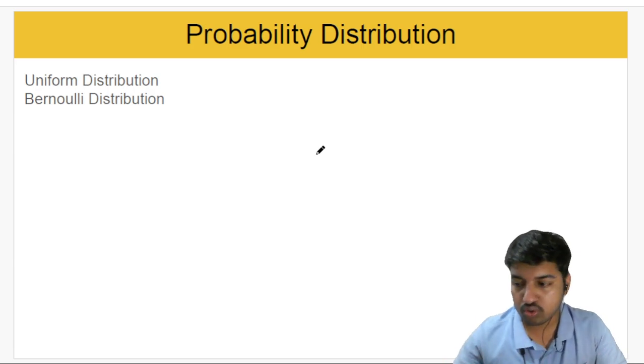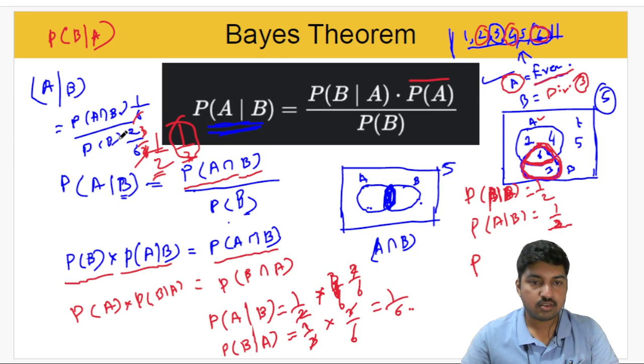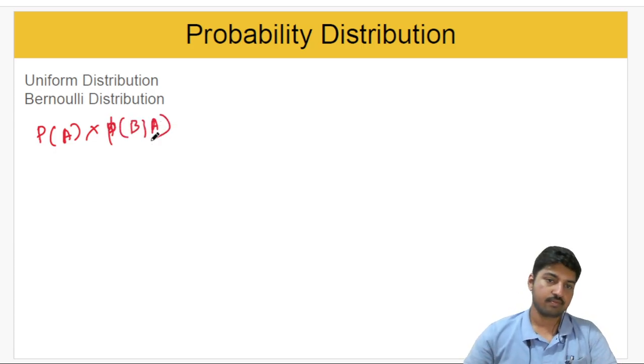We will go through the problem statement. What we are saying is probability of event A into probability of B given A. See what I'm saying?